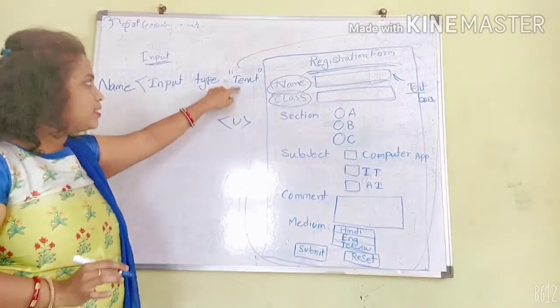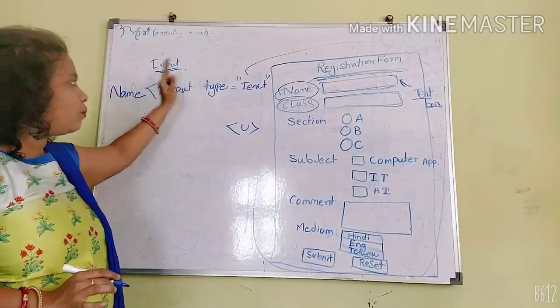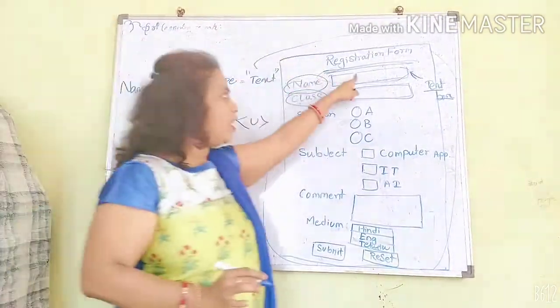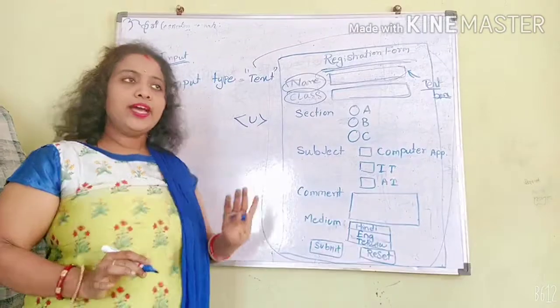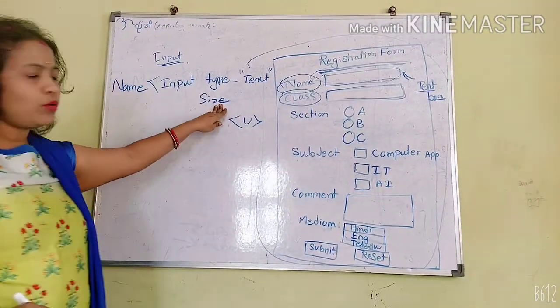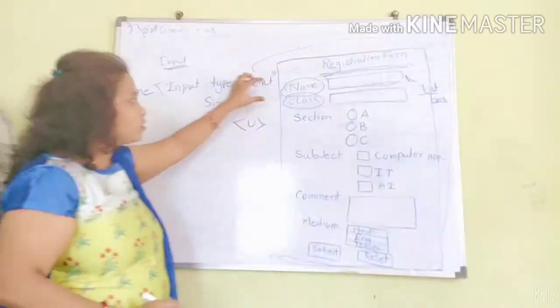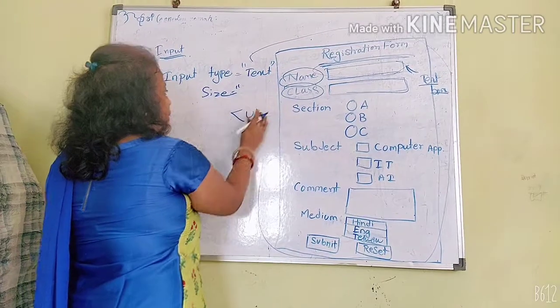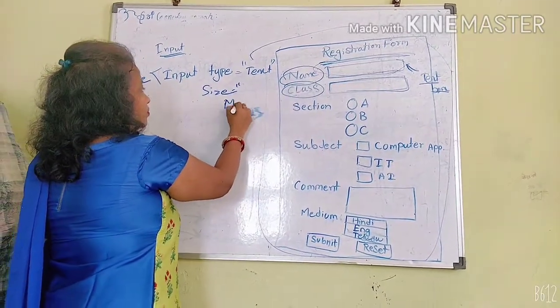Clear? This shows that this is a text field box, meaning a single line entry. Here you can give the size, using the attribute size. It shows the size of the box, and also maxlength, or maximum length.